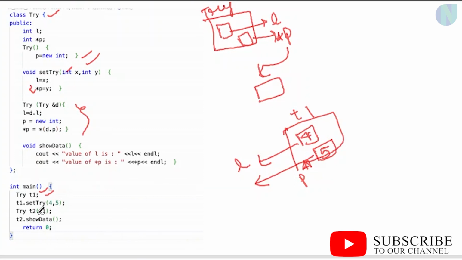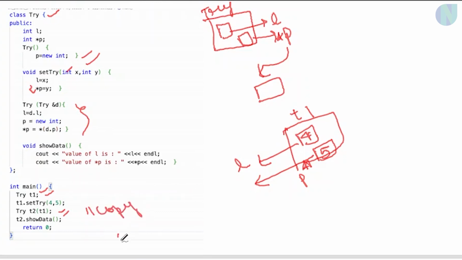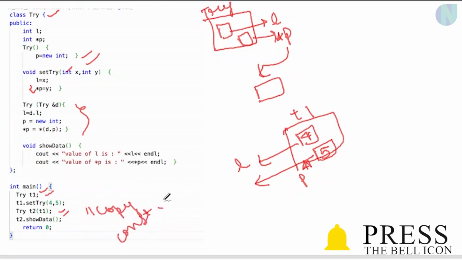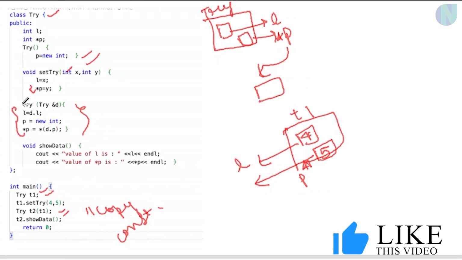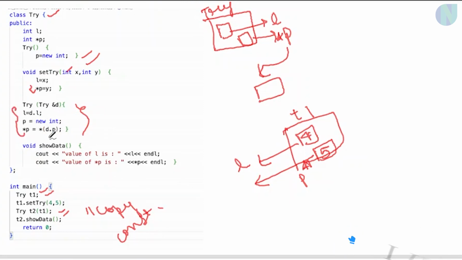Now try T2 = T1. This is the case where the copy constructor is called. It will first see whether there is a copy constructor that we have declared, or whether it has to pick the copy constructor written by the compiler. It will go through the code base and find that we have a copy constructor already written.